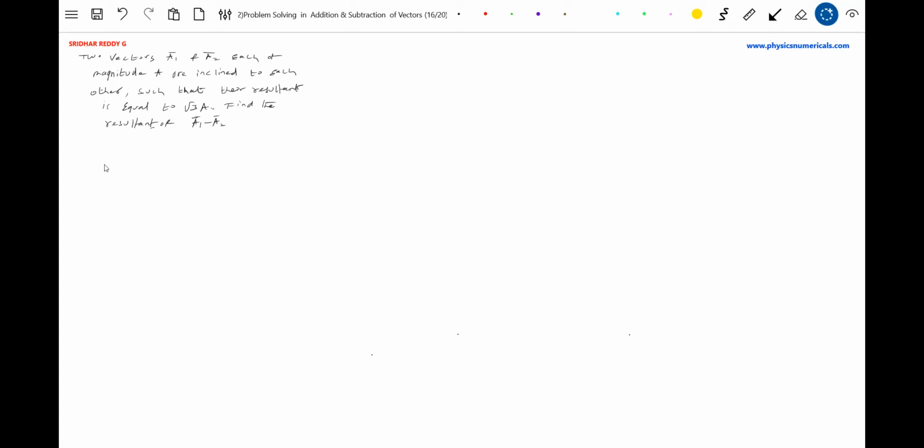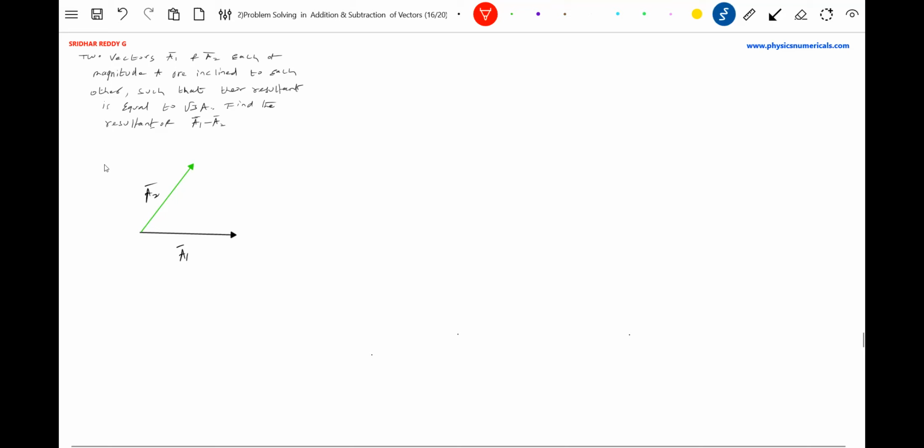The resultant is equal to, so initially the two vectors are there. There's a vector A1 bar. There's a vector A2 bar. Such that the resultant is root 3A.